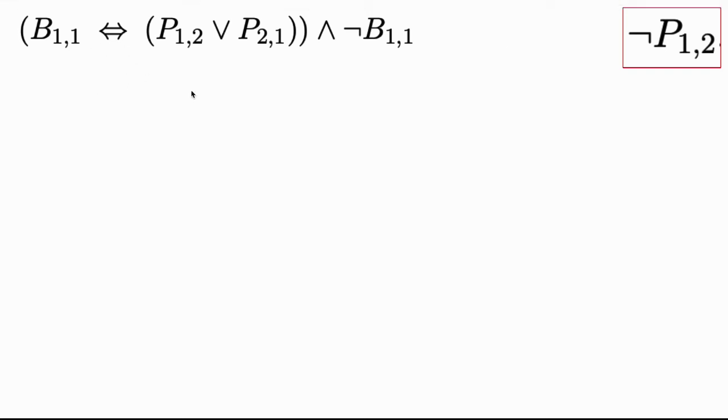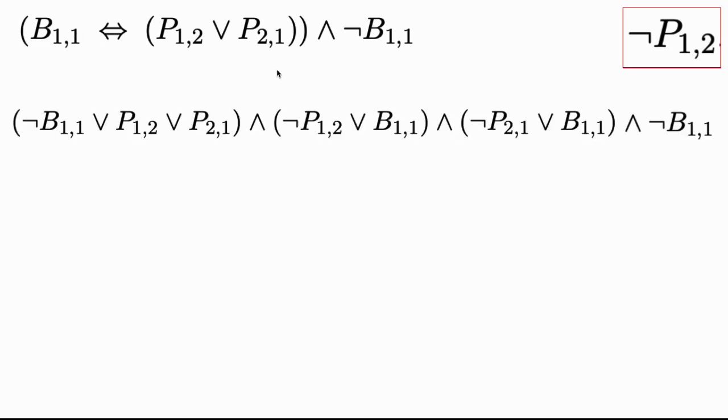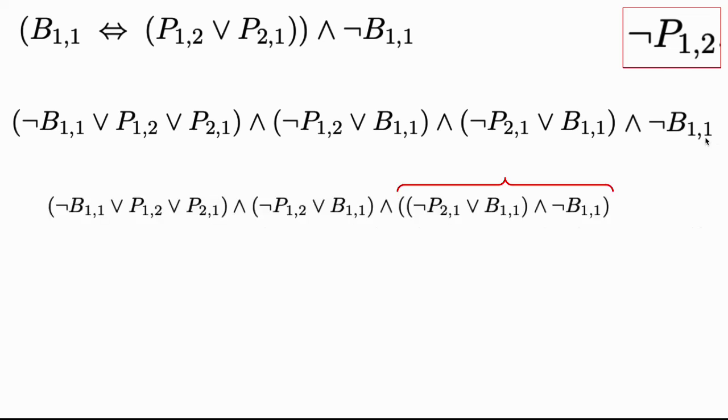So the first thing is that we need to write this in the form of a CNF. Now the left hand side we have already written in the CNF form, and we just need to add an AND not B11, and now this whole thing is again in CNF form. So now we take this part and see what to make out of it.